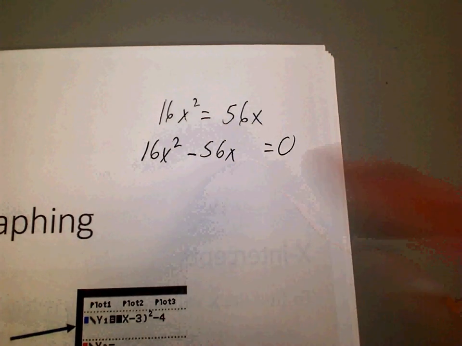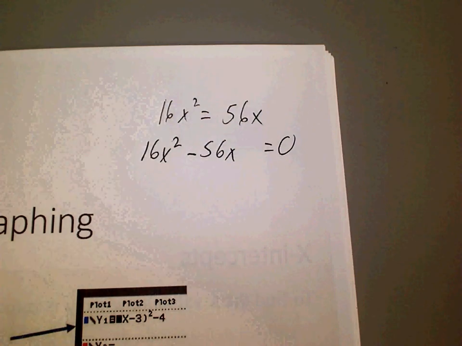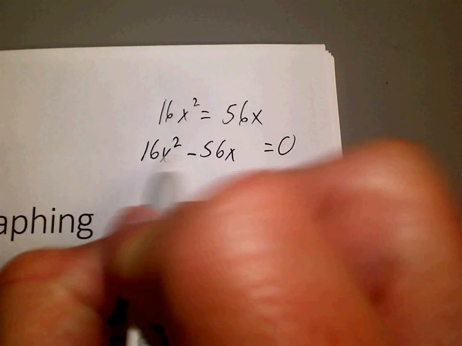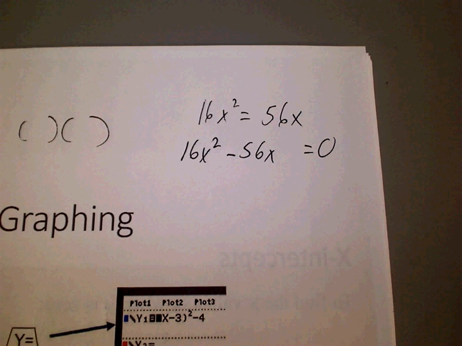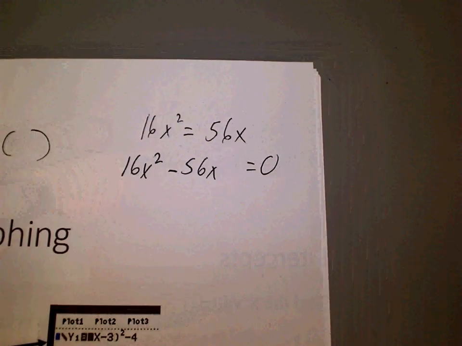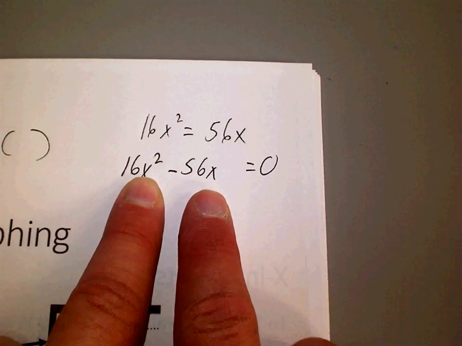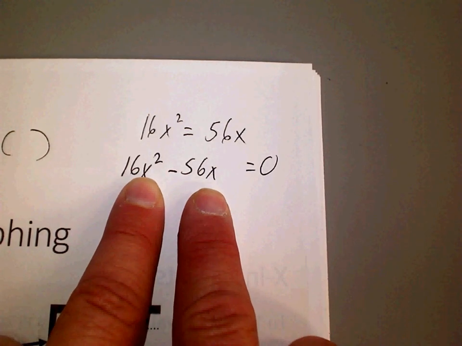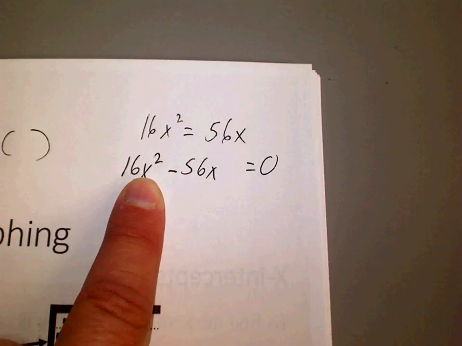This is a quadratic equation. I'm going to factor it the first time, just so I can show you that if you can factor it and set those factors equal to 0, you can get the solution. Then we're going to put it on our calculator. This isn't a trinomial, so we are not going to two binomials. What we're going to do here is take out something that starts with a G. Greatest common factor.